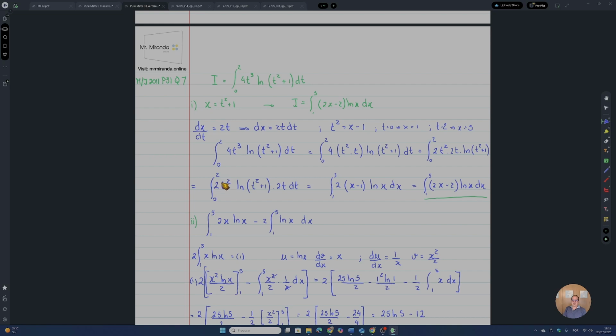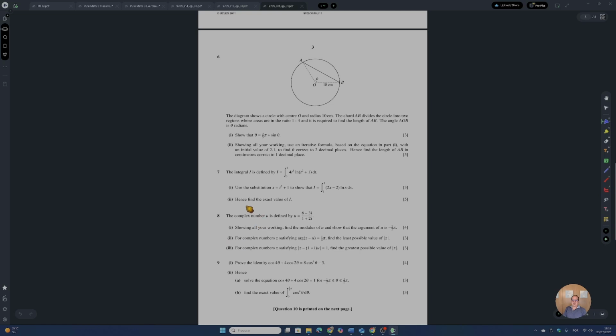And this 2t squared is going to be 2 times x minus 1. Natural logarithm of x dx, which is just 2x minus 2, natural logarithm of x dx, as supposed. Then, hence, find the exact value of I. How much is that?